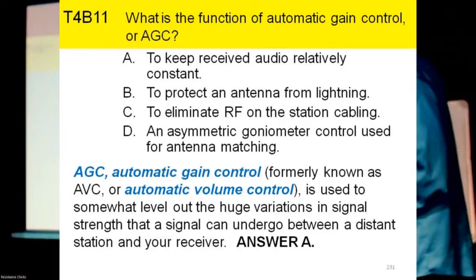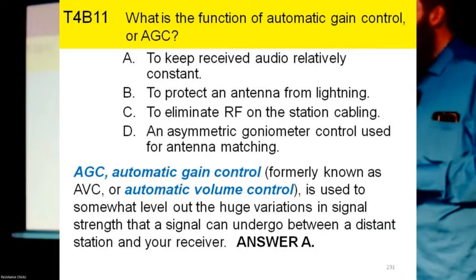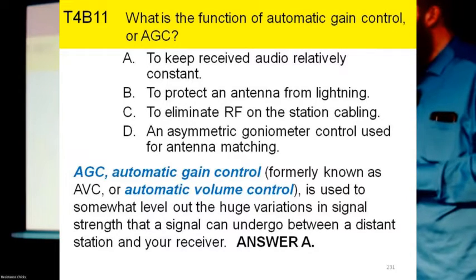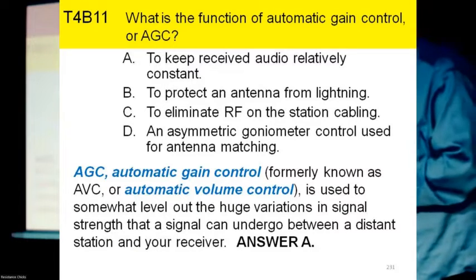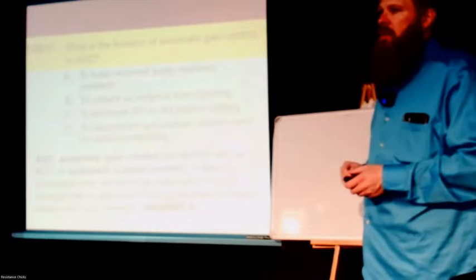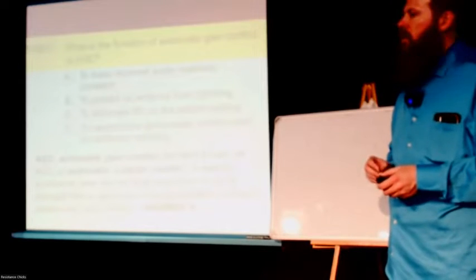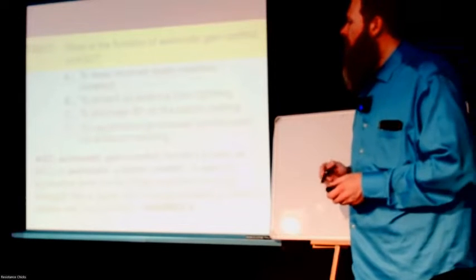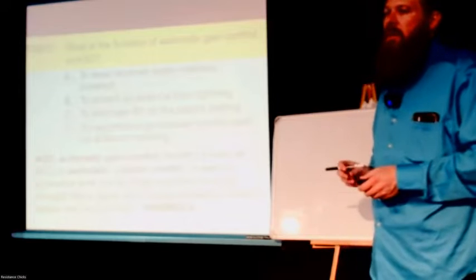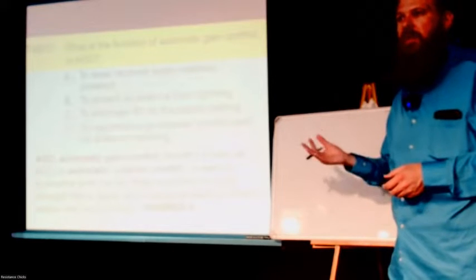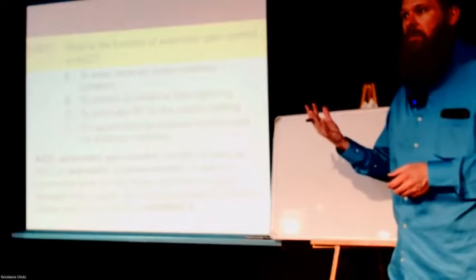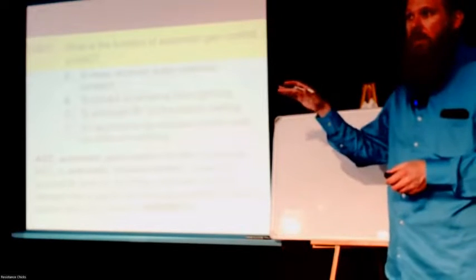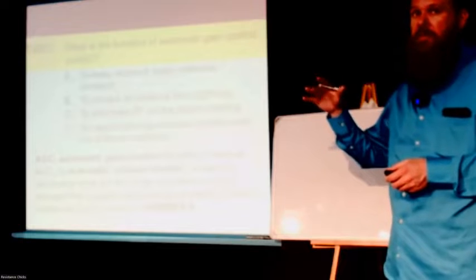What is the function of automatic gain control, or AGC? It keeps the received audio relatively constant. AM means amplitude modulation. Single sideband is a type of AM, right? Except we've eliminated the carrier and one of the sidebands.